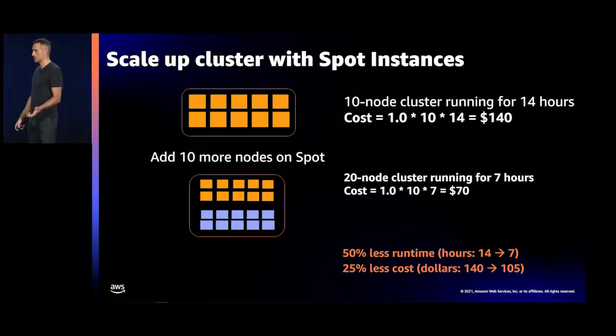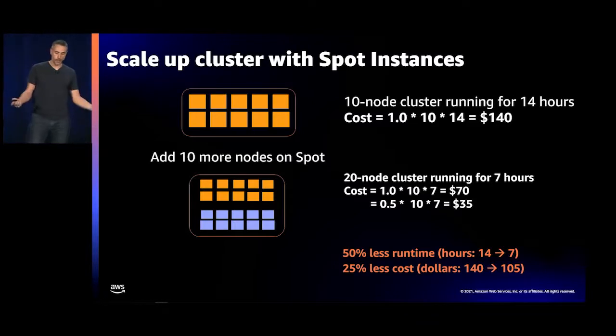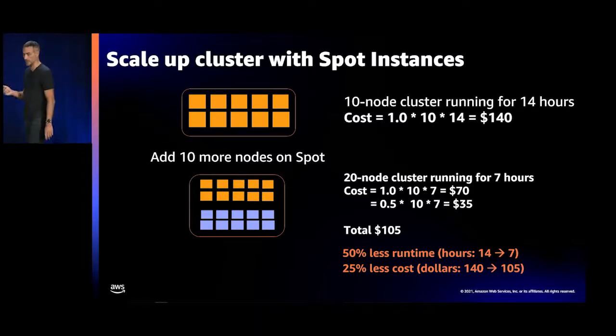But these compute resources are also available at a lower cost. So instead of $1, you have, for example, 50 cents per instance. That means you will also reduce the cost of your job to $105. So finally, you get a 50% reduction in runtime and 25% in cost reduction.